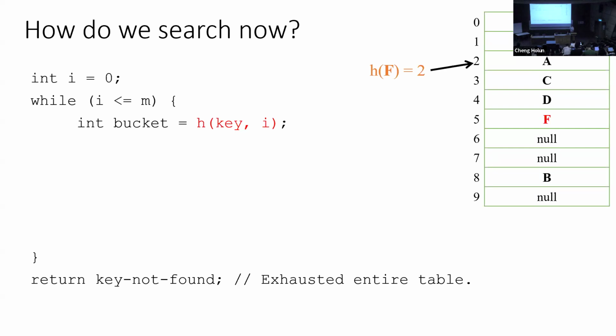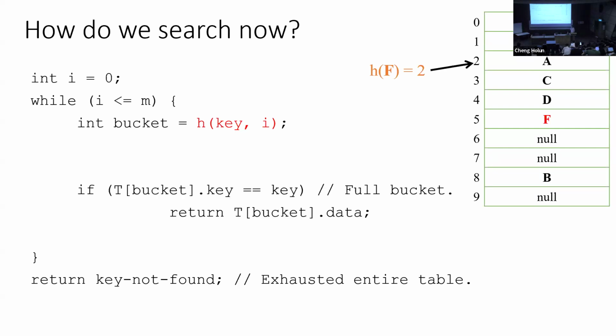So when I search the table now, I hash the value of F, which is 2. But now I go to slot 2, and A is not F. Do I stop and conclude F is not in the table? No. In the probing or open addressing method, you look for the next one.